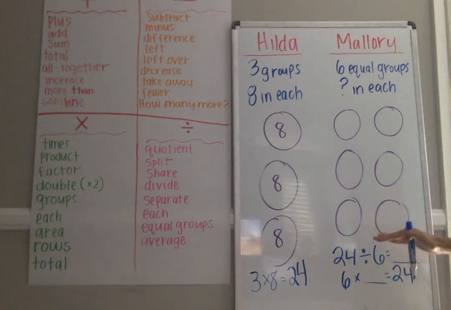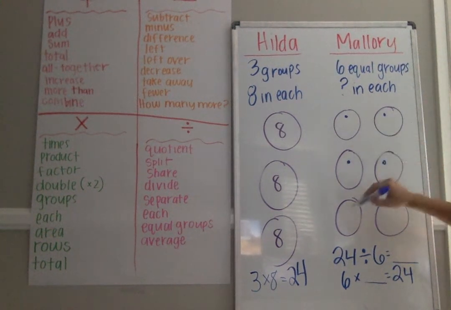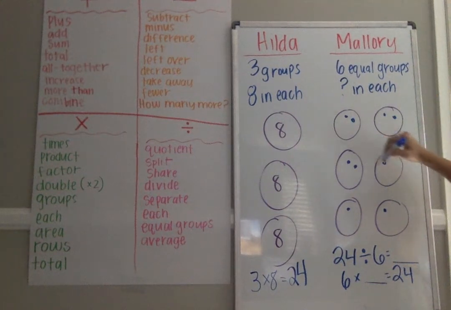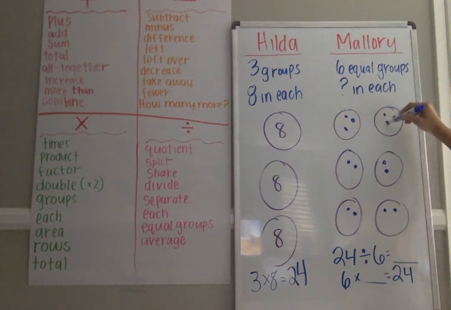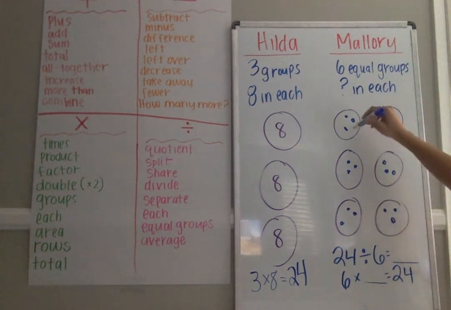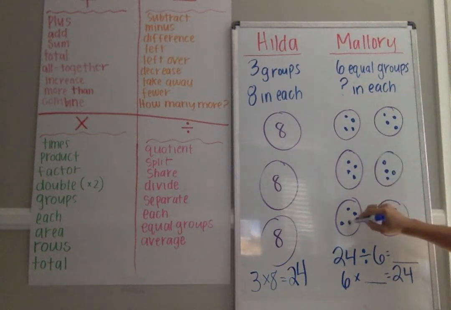Or if you drew the picture, you can go 1, 2, 3, 4, 5, 6, 7, 8, 9, 10, 11, 12, 13, 14, 15, 16, 17, 18, 19, 20, 21, 22, 23, 24.